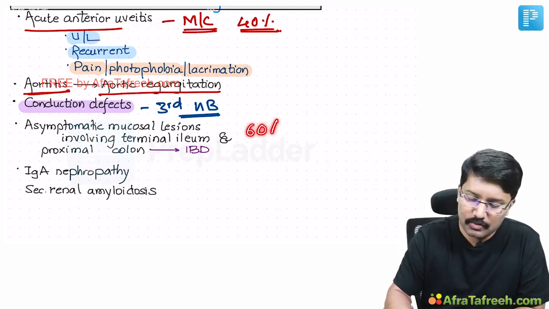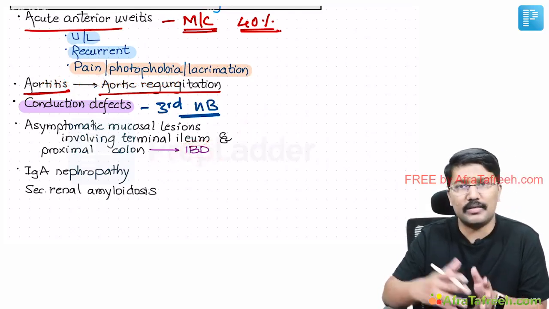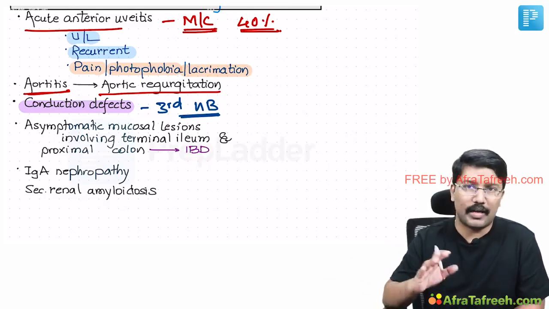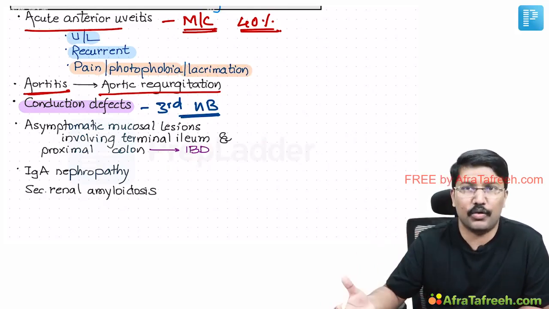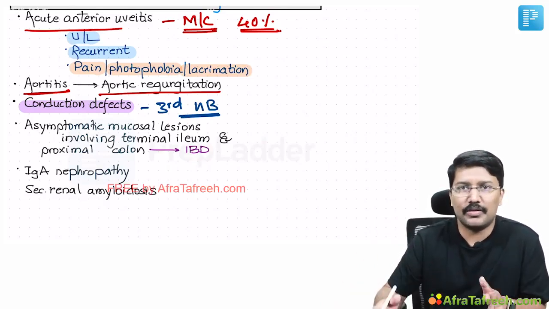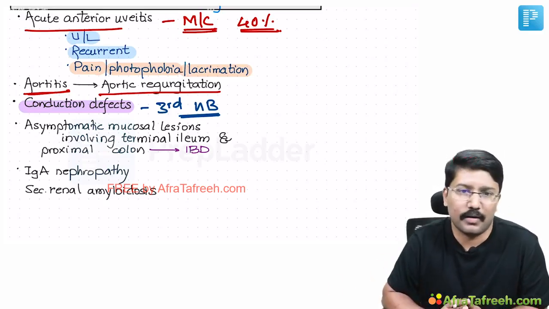This we see in 60% of the patients. But some of them, roughly around 10% of those patients, go on to develop inflammatory bowel disease in the later part of the illness. Right? We already have an entity called IBD associated spondyloarthritis, but when you have diagnosed ankylosing spondylitis, there is a good chance that you may diagnose IBD in those patients in the later part of the illness, right?